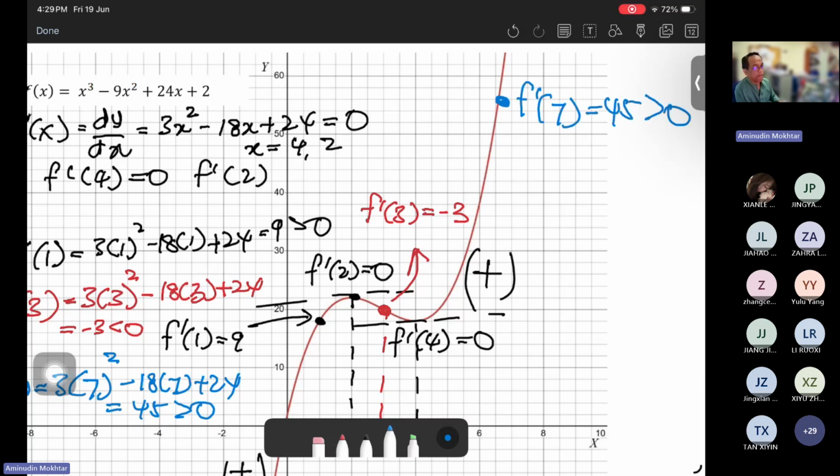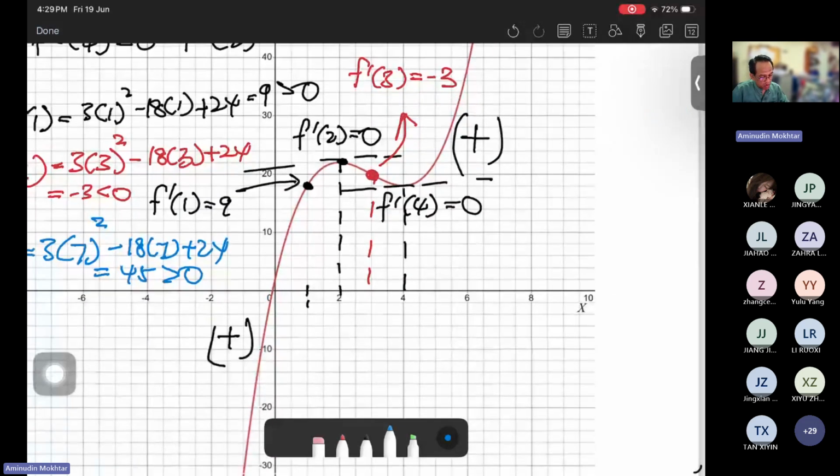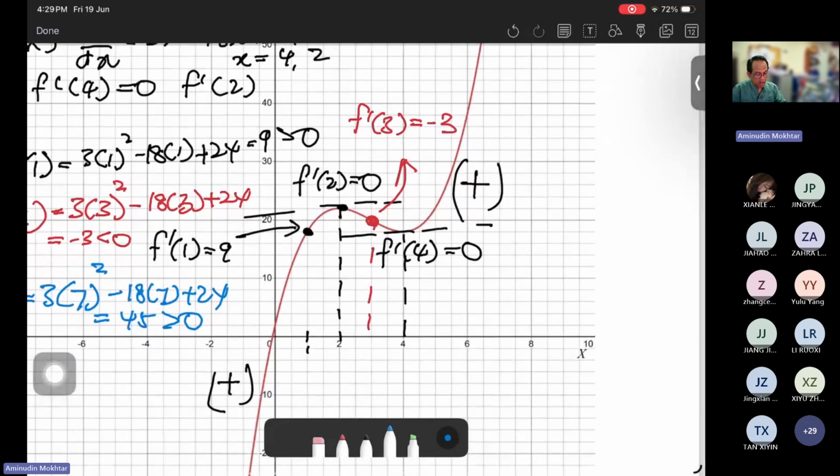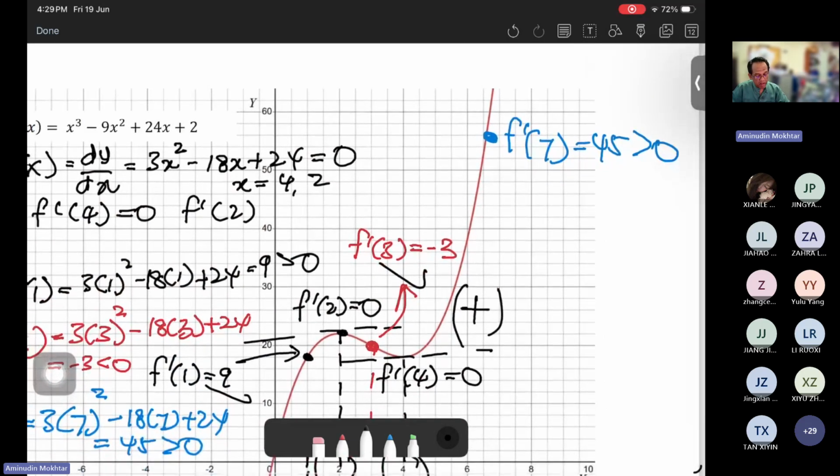That is positive. So we can conclude that this function has two critical points, x equals 2 and x equals 4. Before x equals 2, the slope is positive. Between 2 and 4, the slope is negative. After 4, if x is greater than 4, the slope is again positive.